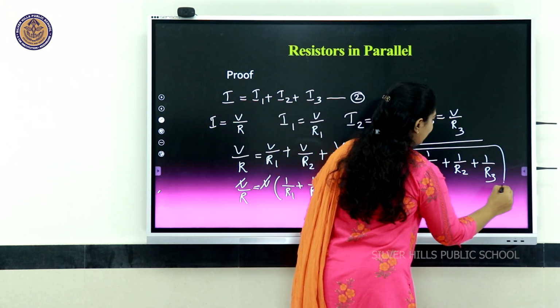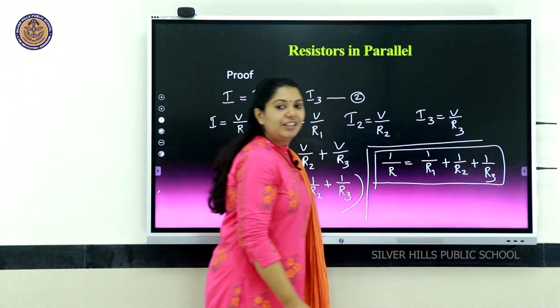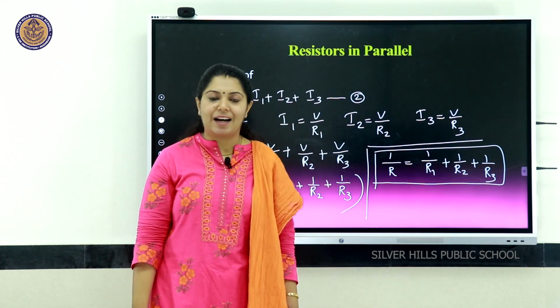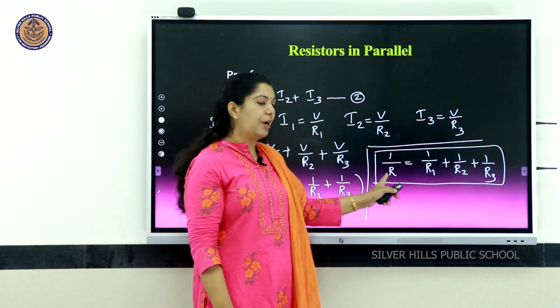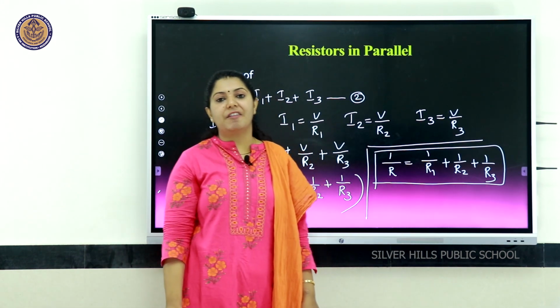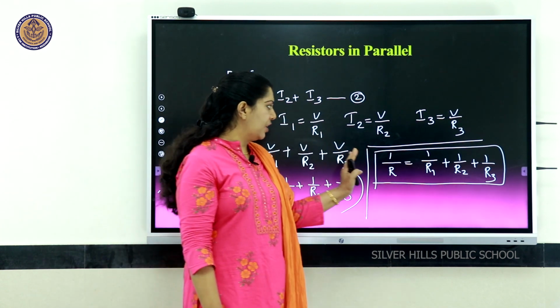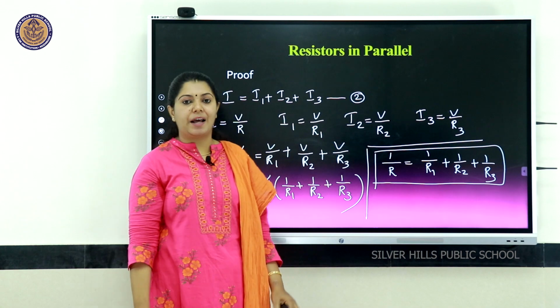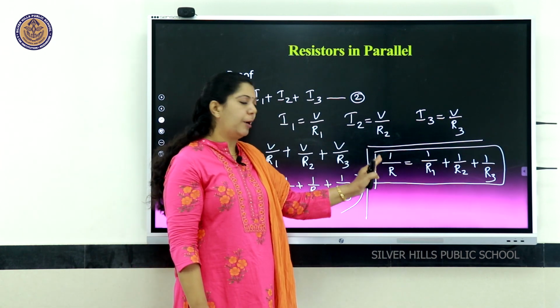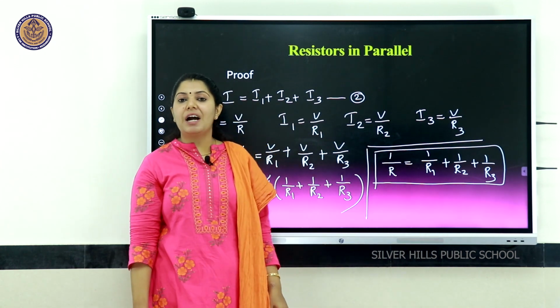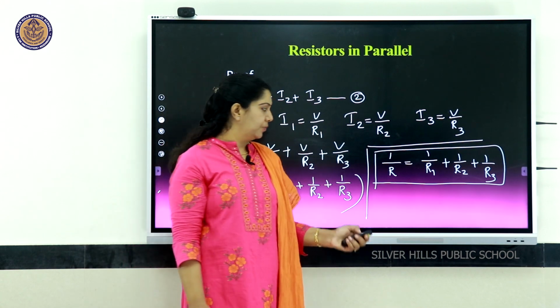This is our result. When three resistors are connected in parallel, the relation is 1 by R is equal to 1 by R1 plus 1 by R2 plus 1 by R3. Suppose two resistors are connected in parallel, we can write the relation 1 by R is equal to 1 by R1 plus 1 by R2.